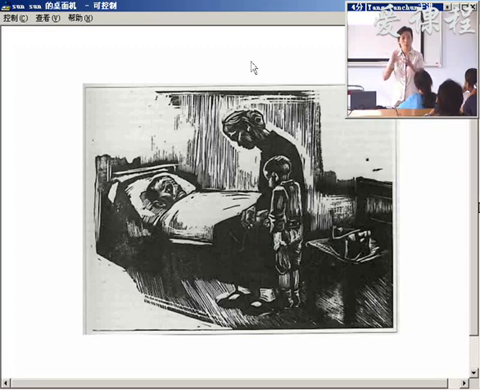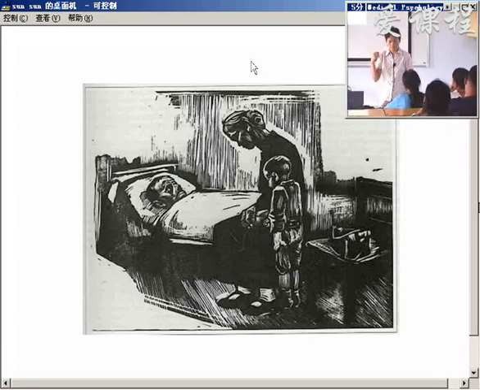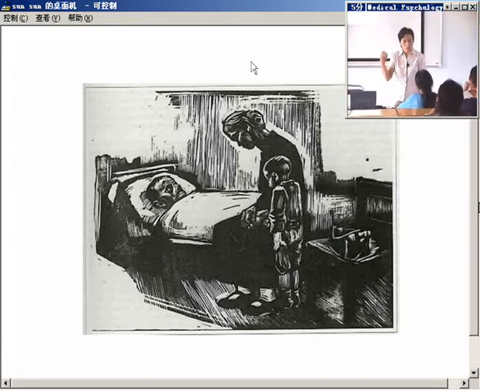Maybe the family's relationships change. They cannot communicate as originally. Some family members cannot give full attention to the patient, while the patient is sick in the hospital, cannot support himself, and needs support from the family members.